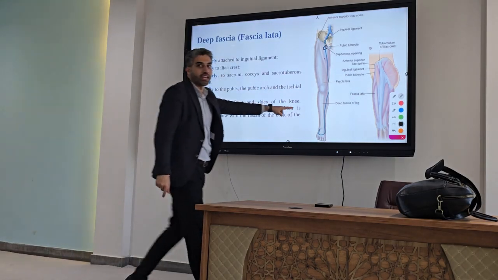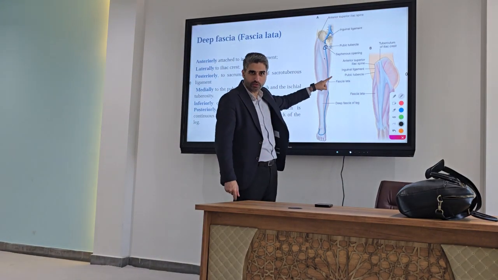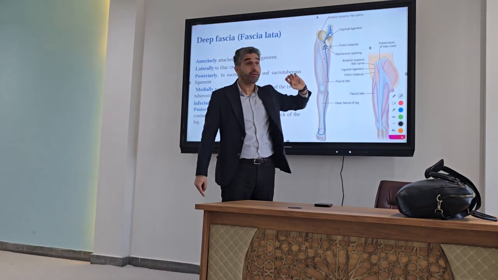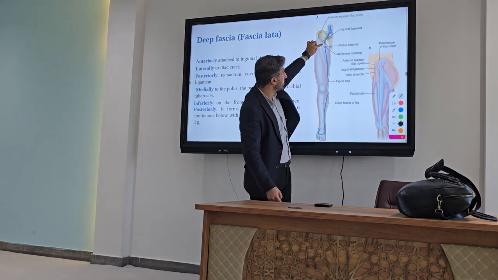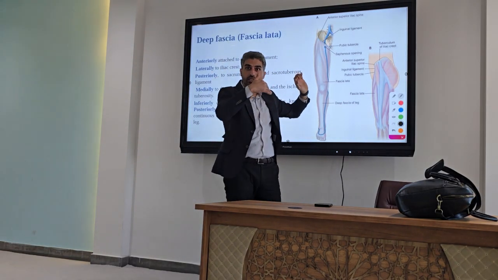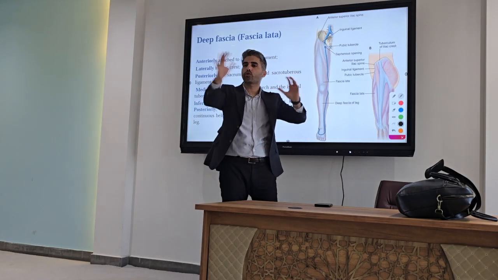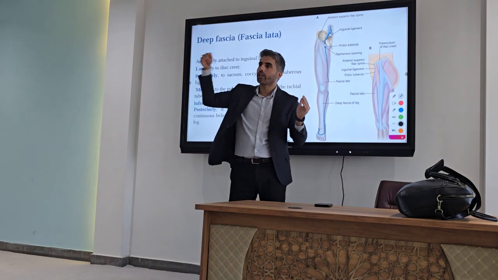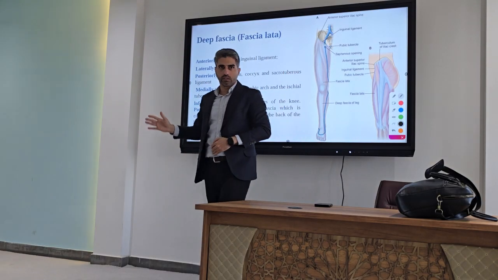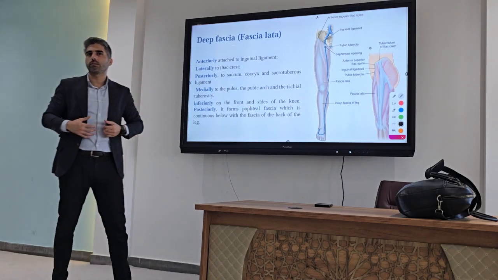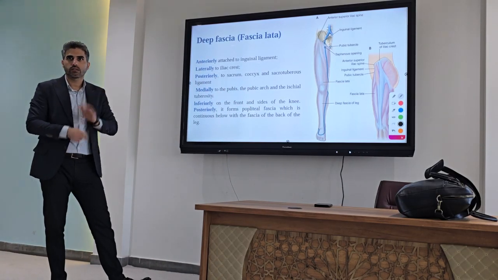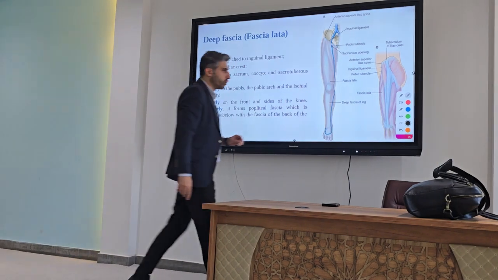Great saphenous vein. It passes through this foramen and attaches to the deep vein. Look at that vein here, very deep inside. So finally, all of the superficial veins finish in the deep vein, because they want to go to the heart. So this is the first point, you should know that.